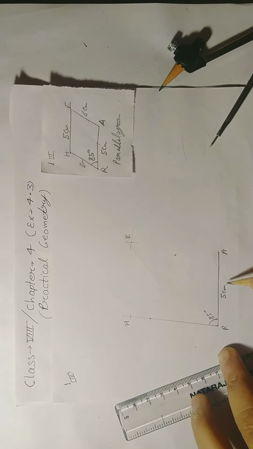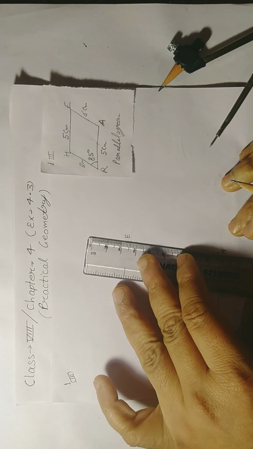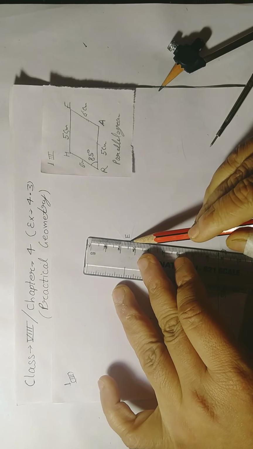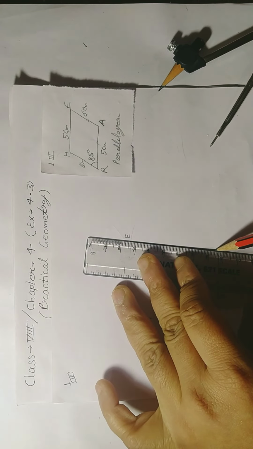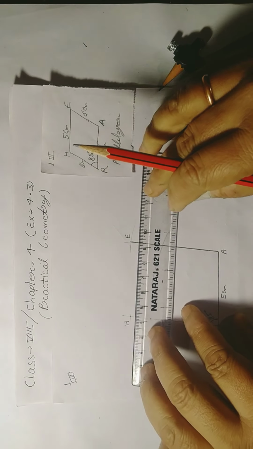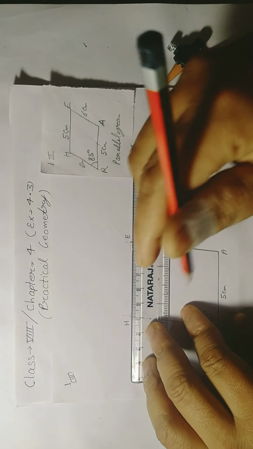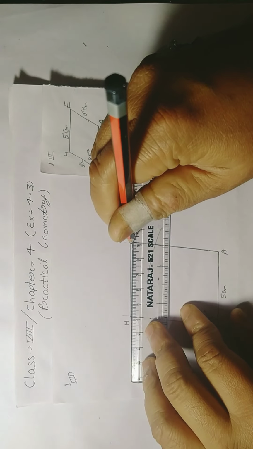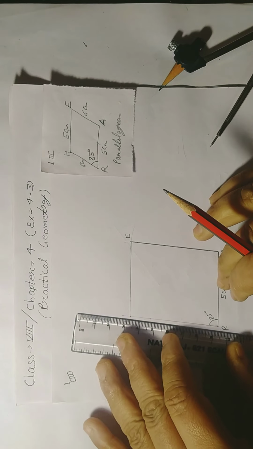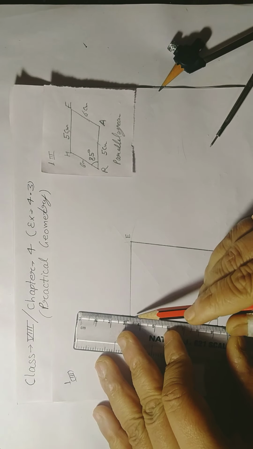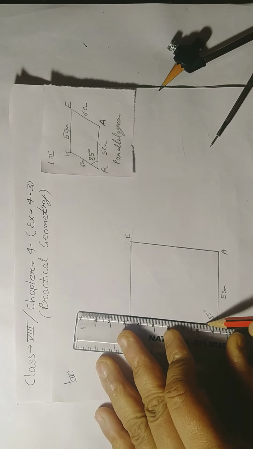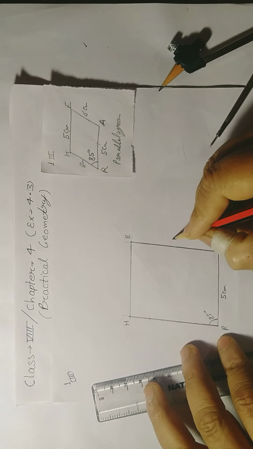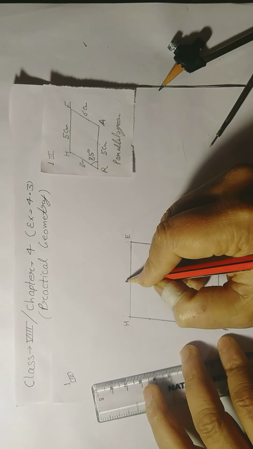RA is 5 centimeter. Now join A to E, E to H, and H to R. It is 6 centimeter.